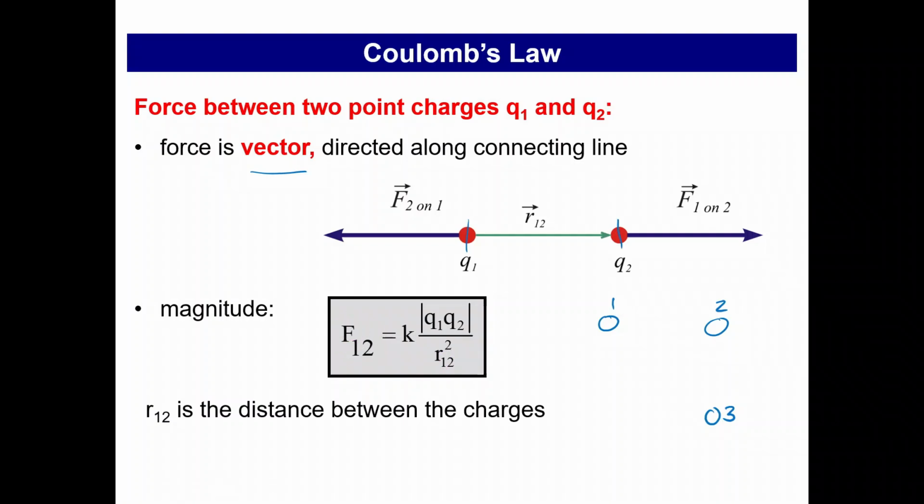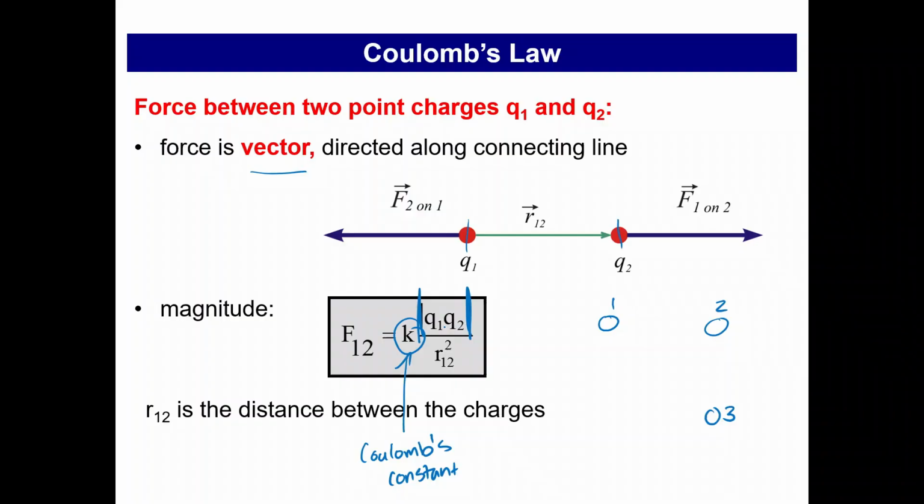Then we have this lowercase k, that's called Coulomb's constant. And then you have Q1 and Q2. Now notice here that there are absolute value signs. Those absolute value signs are there just to remind yourself, don't worry about the positives and negatives in your calculation.